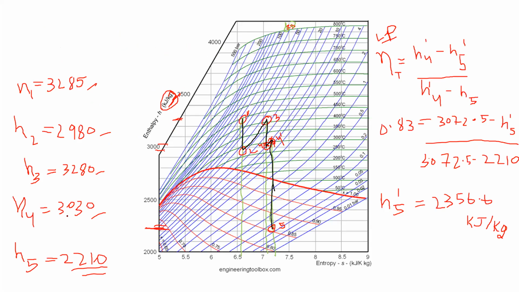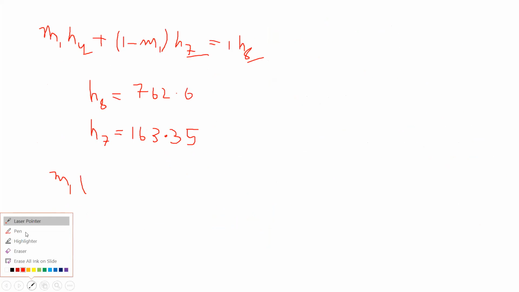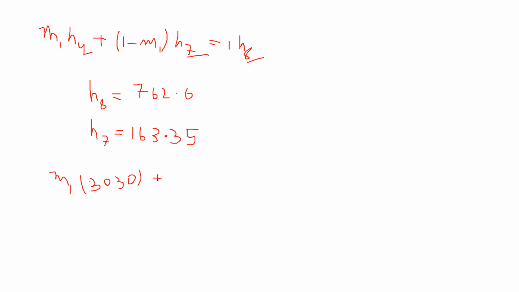The H4 value is 3030. Substituting the values: 3030 plus 1 minus M1 into H7, which is 163.35, taken from the steam tables, is equal to the H8 value, 762.6.